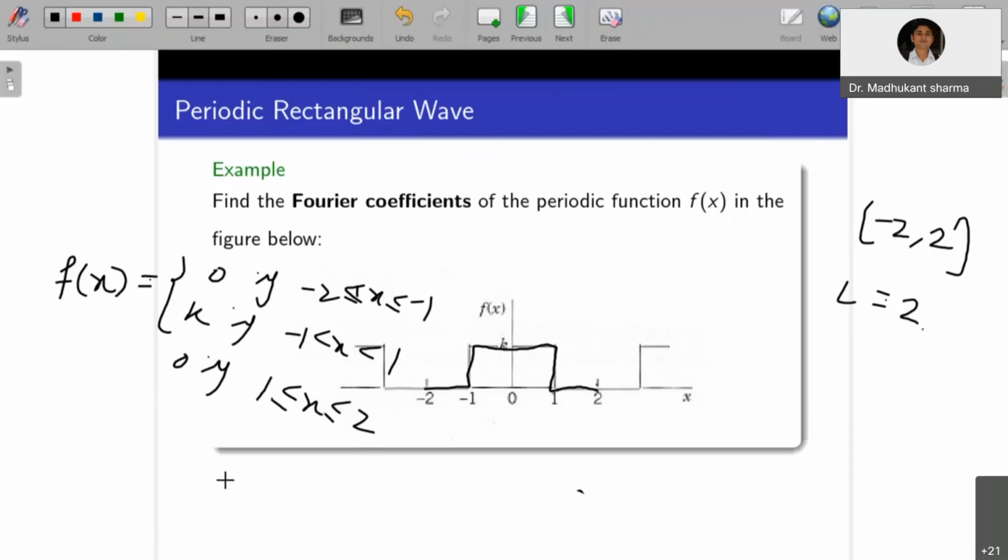Now, a naught you can find easily: 1 by 2L integration from minus L to L of f of x dx. Here L is 2, so that equals 1 by 4 integration from minus 2 to plus 2 of f of x dx.